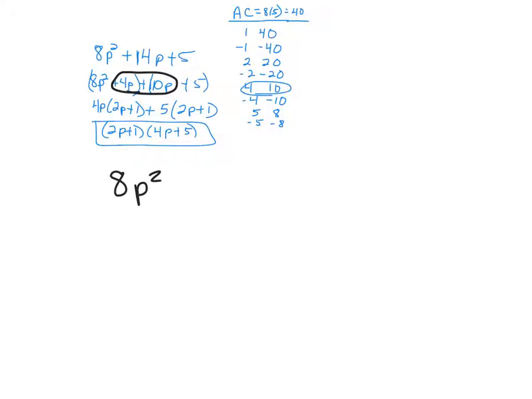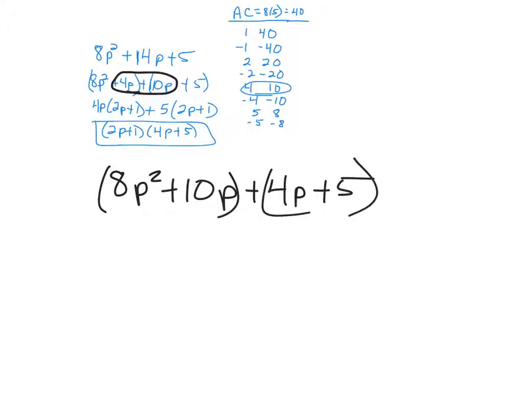So if I would add 8P squared plus 10P plus 4P plus 5 and proceeded in the same fashion, then I would have factored a 2P out of 8P squared and 10P. That would have been 4P and plus 5. And then I would have taken a 1 out of the 4P plus 5.